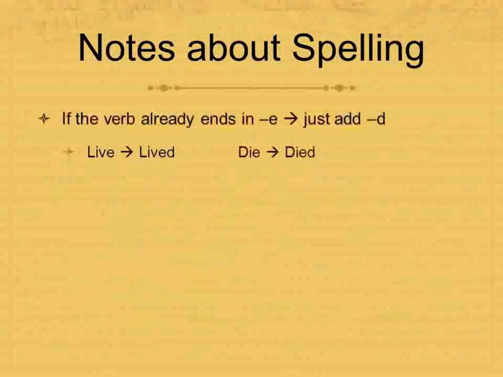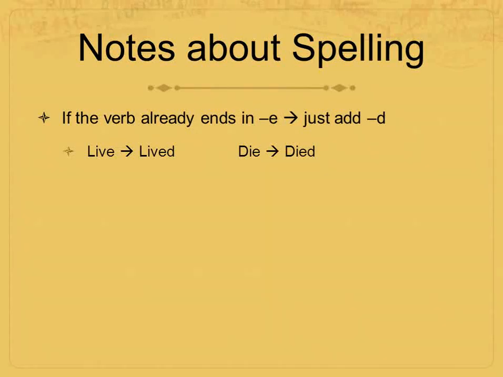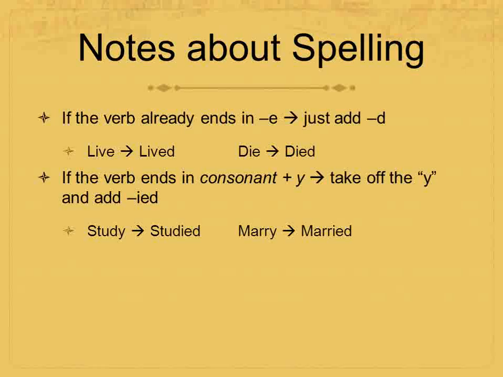Some notes about spelling. If the verb already ends in E, we will add a D to it. So no ED if it already has an E. Live becomes lived. Die becomes died. If the verb ends in a consonant plus Y, take off the Y and add IED.